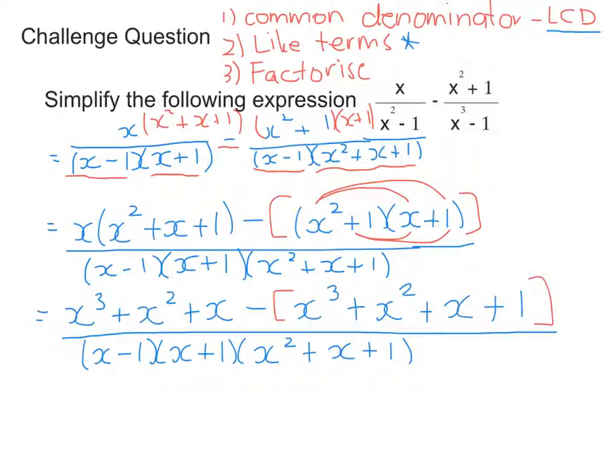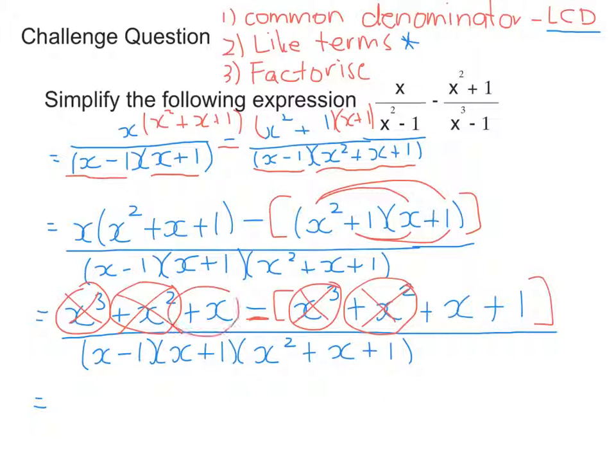Now having a look at our numerators and noticing that we are subtracting that whole red section, lots of our terms cancel here. We have x cubed minus x cubed, so the x cubed terms have gone. The same happens with the x squareds, x squared minus x squared.